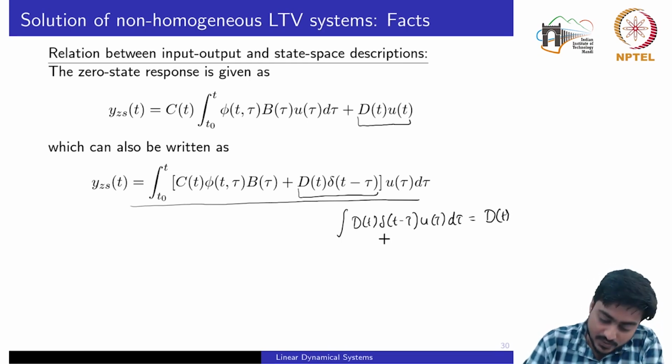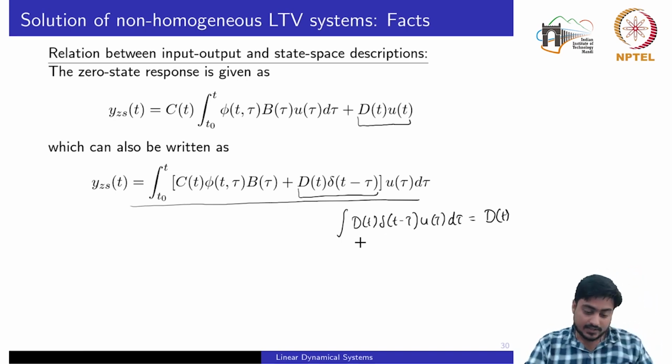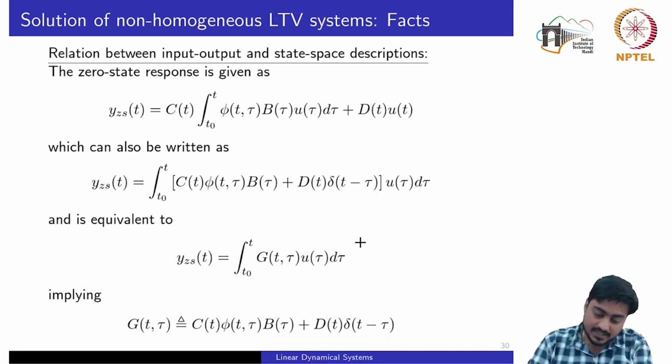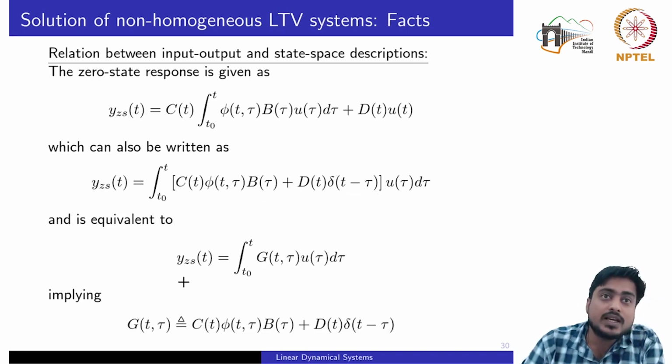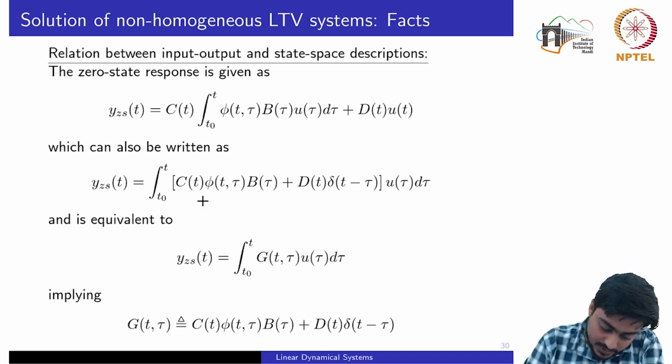Okay, so this is what we call the integration property of the impulse function. After including this inside the integral, I can see the equivalence with the impulse function of a time varying system we introduced in the last lecture. So this part I can write as G(t, tau).